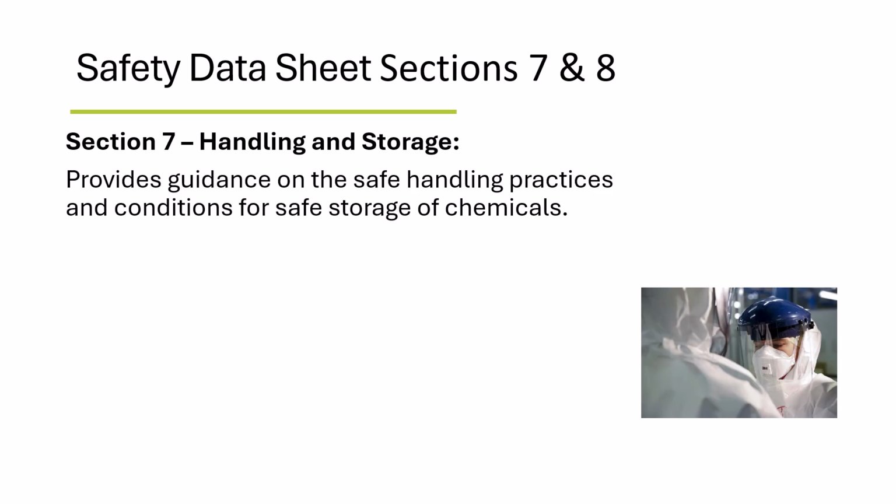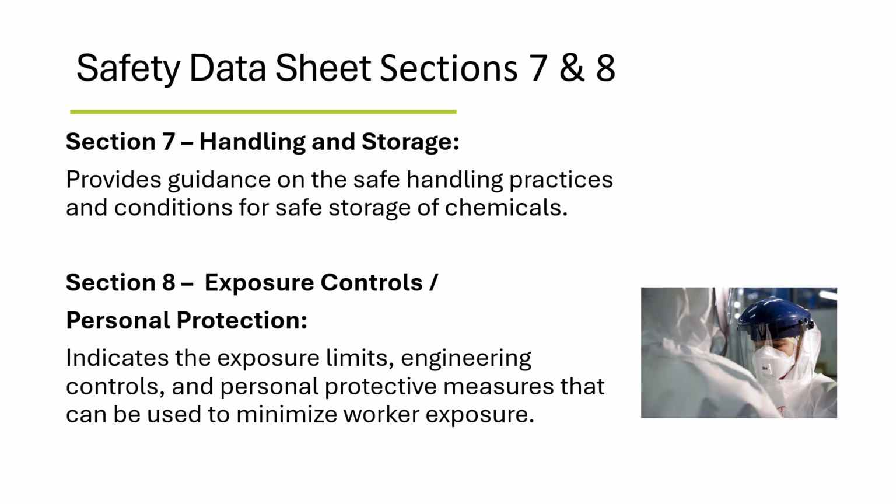Section 7 addresses the handling and storage instructions for the chemical. These include handling, proper storage conditions, and conditions to avoid. For example, you may see information like remove contaminated clothing, securely close container, store in a cool place, avoid direct sunlight, or other instructions.